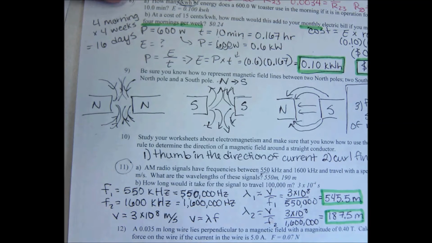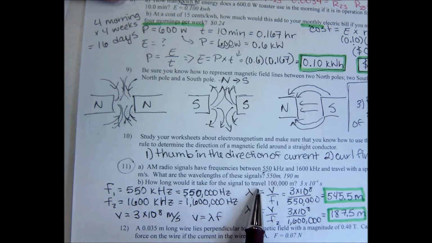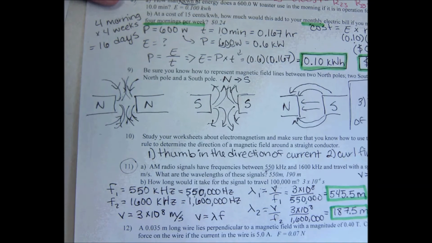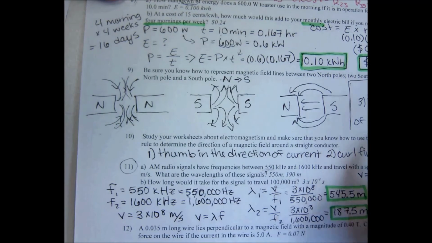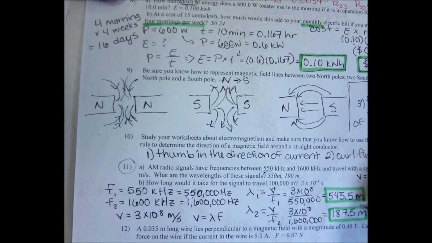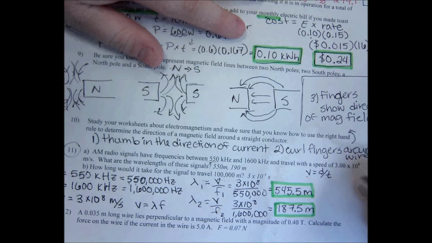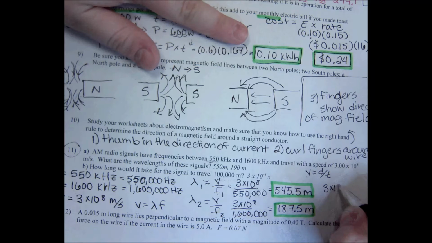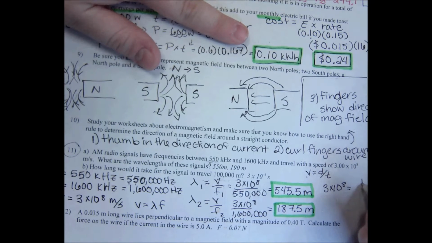Now, I haven't left myself a whole lot of room, but it says, how long would it take for the signal to travel 100,000 meters? So here we're just going to use V equals d over t. It's going to be the same number for both of them because the distance is the same and the velocity is the same. The fact that they have different wavelengths does not actually change how fast they're traveling. So we're going to have 3 times 10 to the 8th equals 100,000 over t.